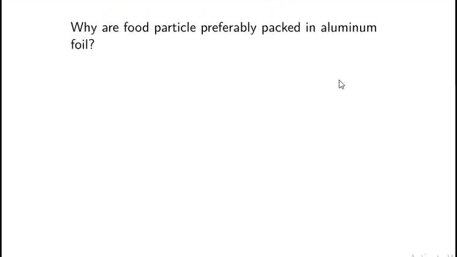So next question, why are food particles preferably packed in aluminium foil? If you go to any hotel, when you buy any food items, have you seen they are packed in aluminium foil?